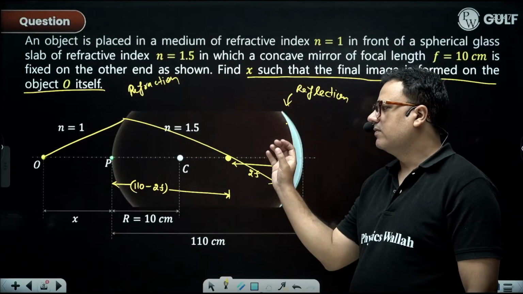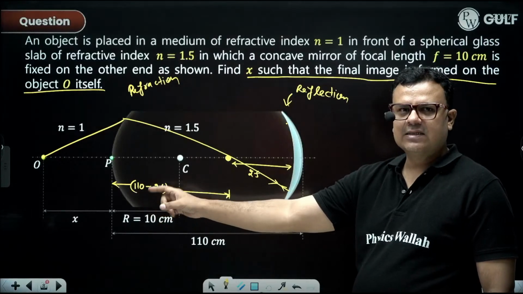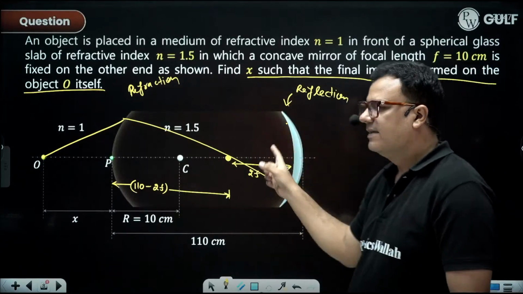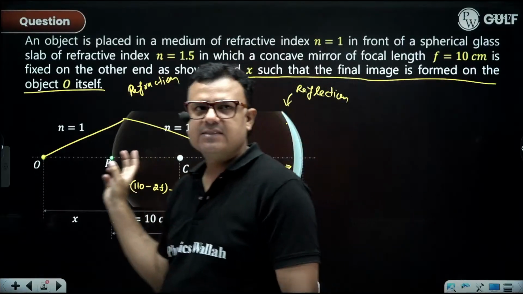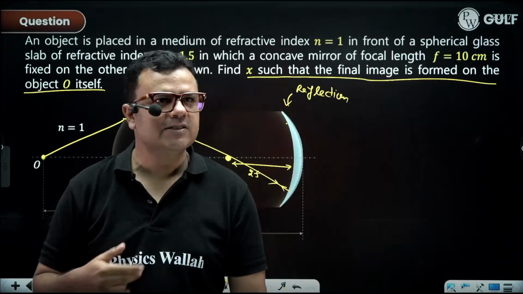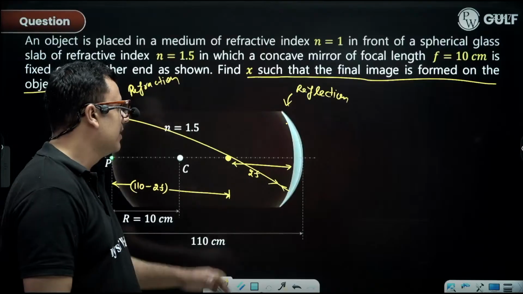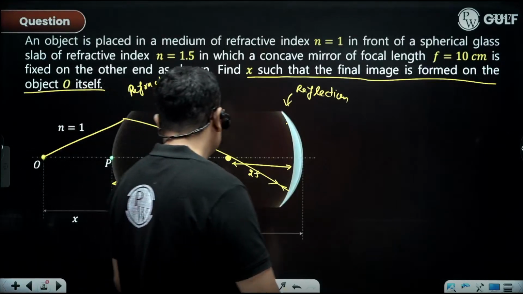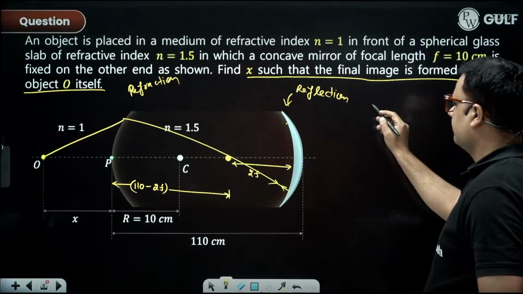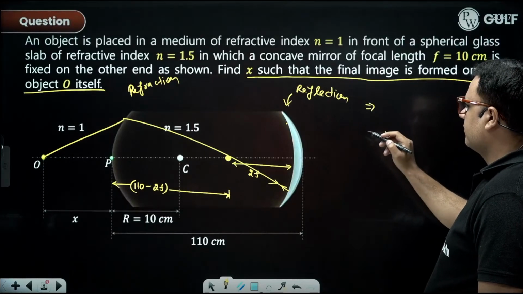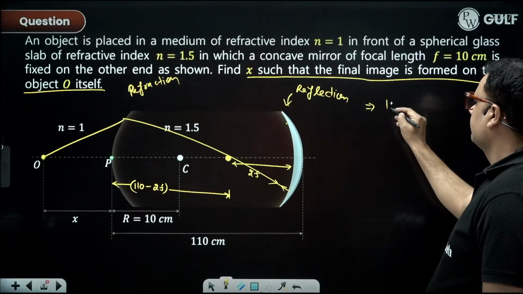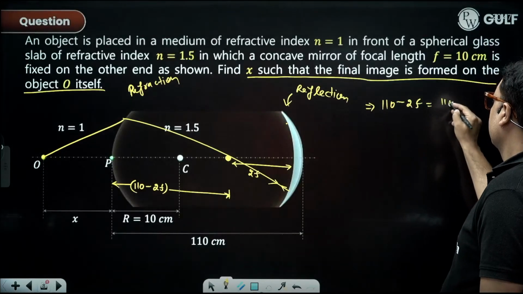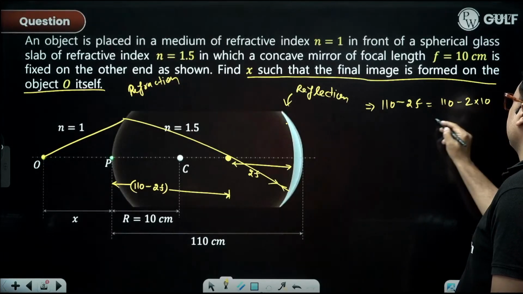So we don't need to discuss that distance x right now, we just have to focus on this condition. By this, we can say if the object is at the center of curvature, the image is going to be formed at the center of curvature, right? So 110 minus 2f, distance from point P, minus 2 into 10, 20.